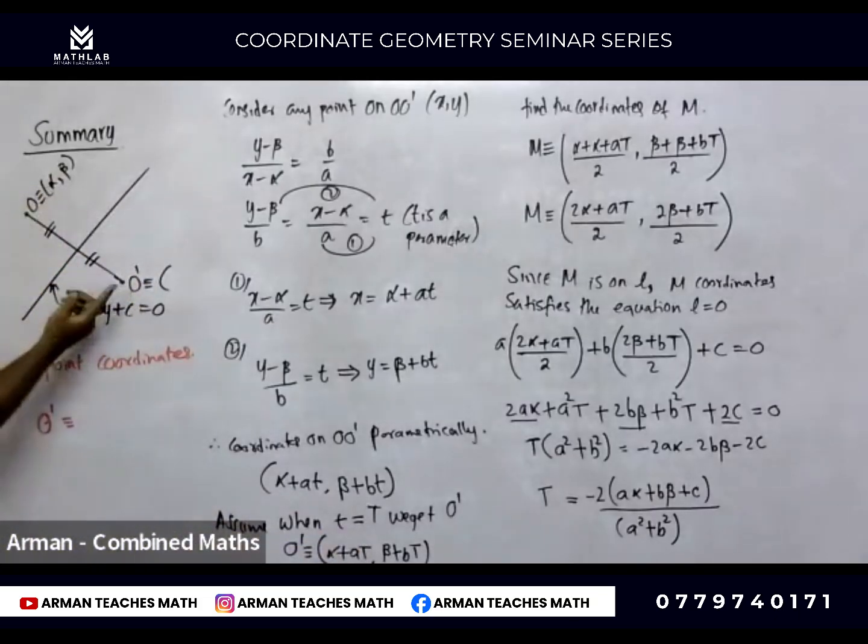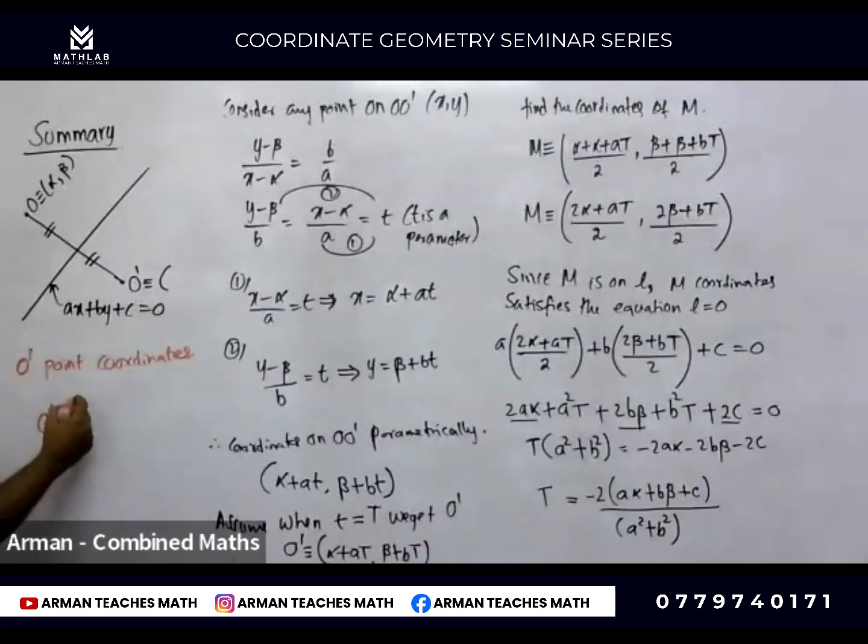How the alpha? If we are finding the O dash point's coordinates, then you are going to take its parental point's x coordinate here. Its parental point is O. Okay, x coordinate is alpha.